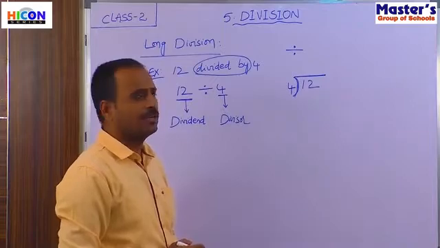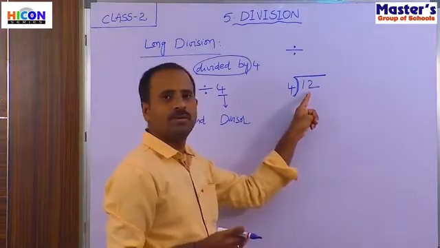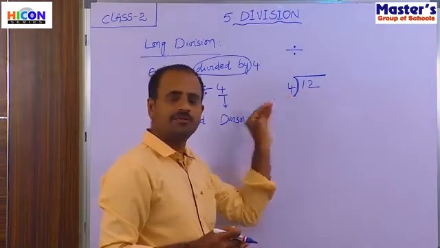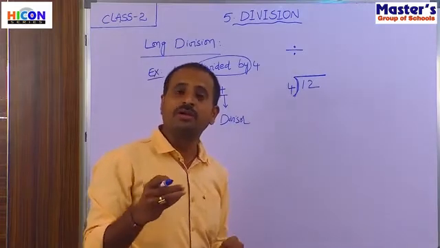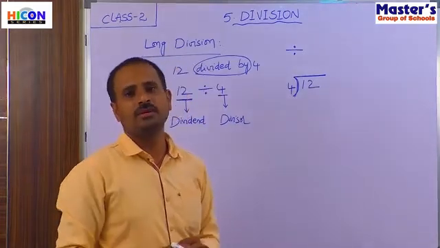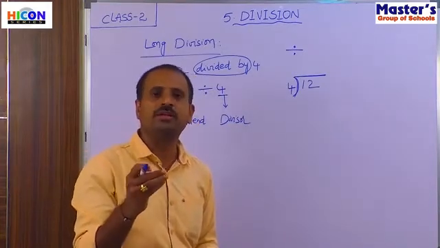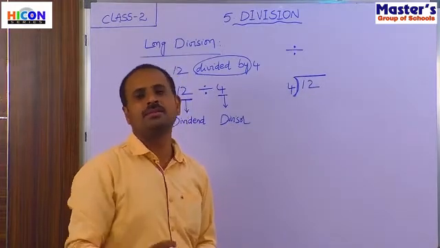First of all, see, now we have to divide the number 12 by 4. Children, remember, you should learn tables while doing divisions. The tables are very, very important. First you should learn the tables thoroughly, then only will division become very easy.